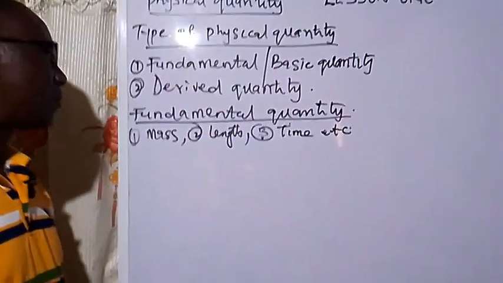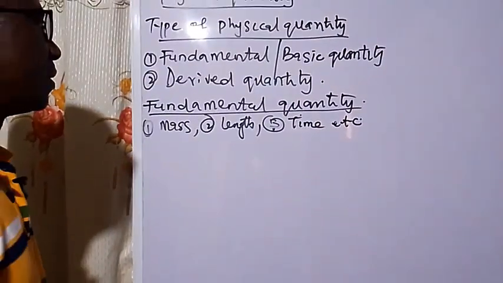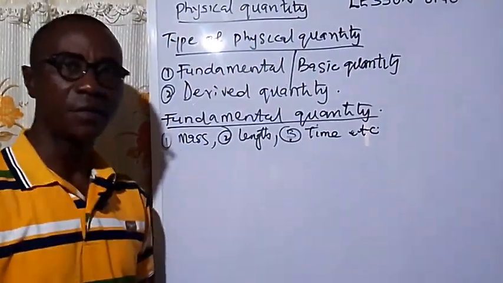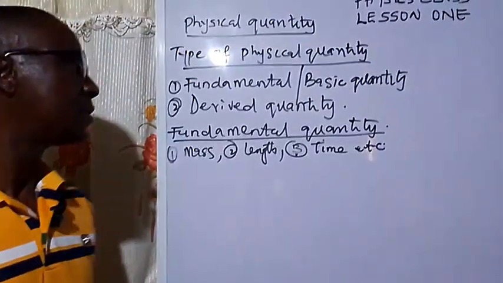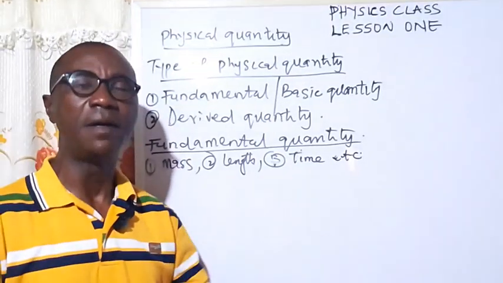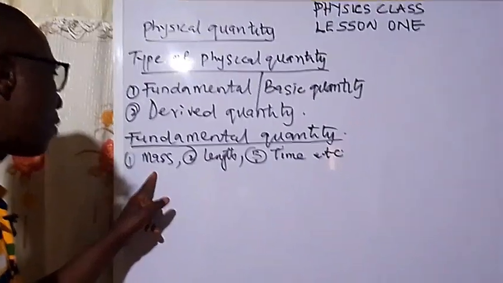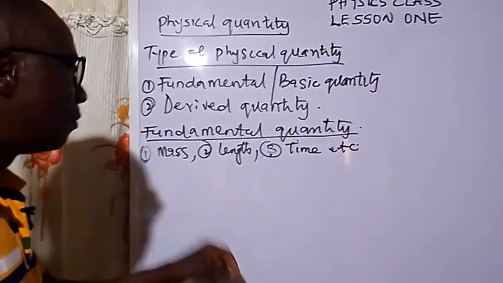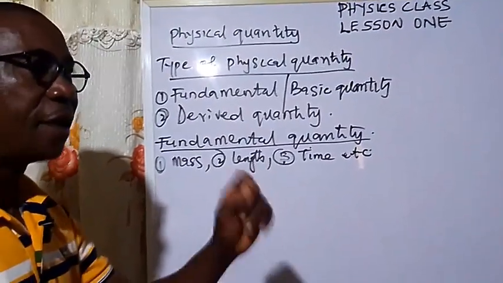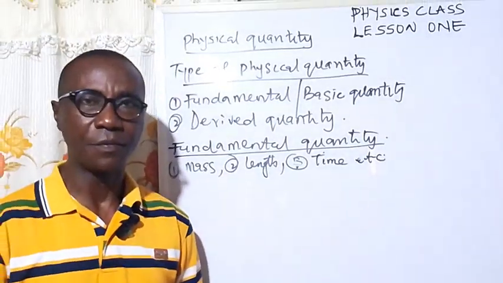The next we are going to look at is fundamental unit. Fundamental units are the units of fundamental quantities. That is, each fundamental quantity must have a particular unit. And that is what we are going to look at now.